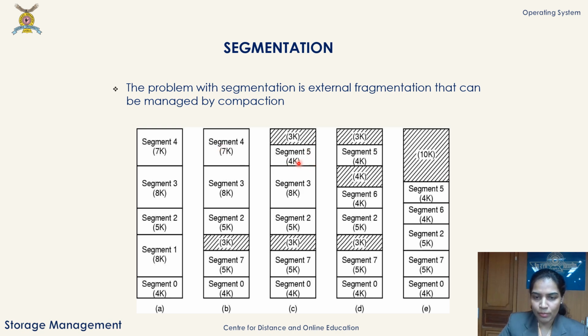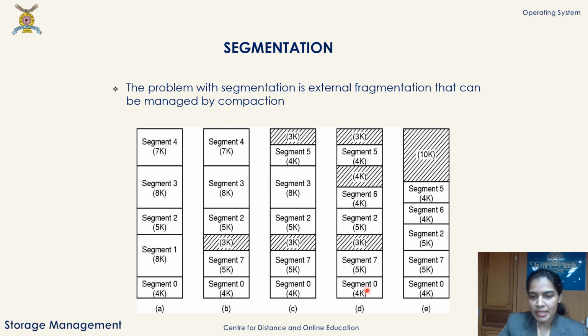It requires only 4K of memory, so here 3K of memory is again empty, it is unused. After some time in diagram D, we can see the process loaded at segment 3 will go, segment 6 is there, and again 4K of memory is free. So this 4K is again free, and 3K of the memory is again free.